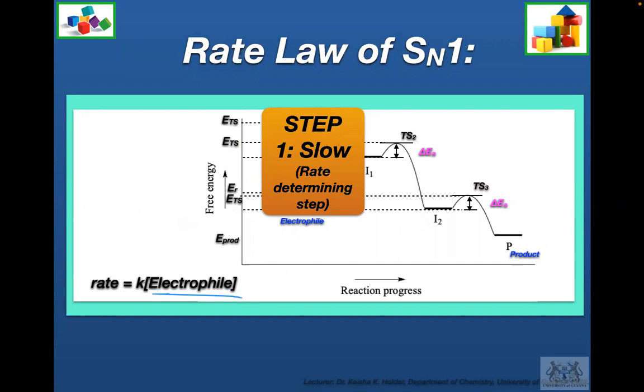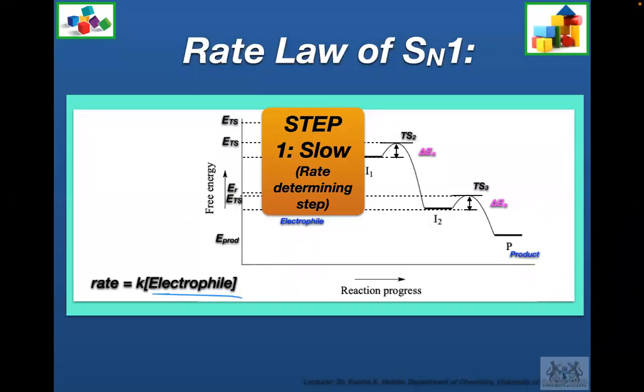Of course, we see why in that first step, the only species that is reacting is the electrophile. The nucleophile is not involved in that step. And so it being the slowest step makes it the rate determining step, but it also says that that step does not include any other species except the electrophile itself.